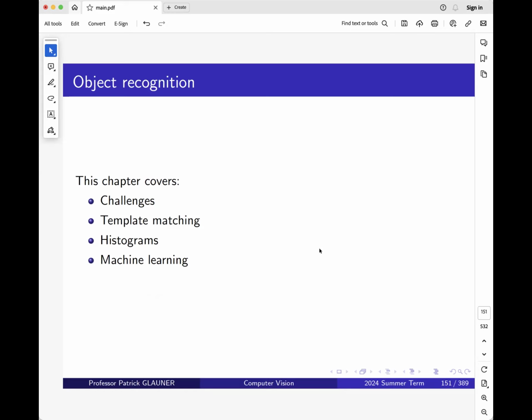Machine learning is nowadays the hot topic for object recognition. Machine learning has lots of advantages, also some new challenges. And then we have all that groundwork for working with convolutional neural networks in order to recognize objects.